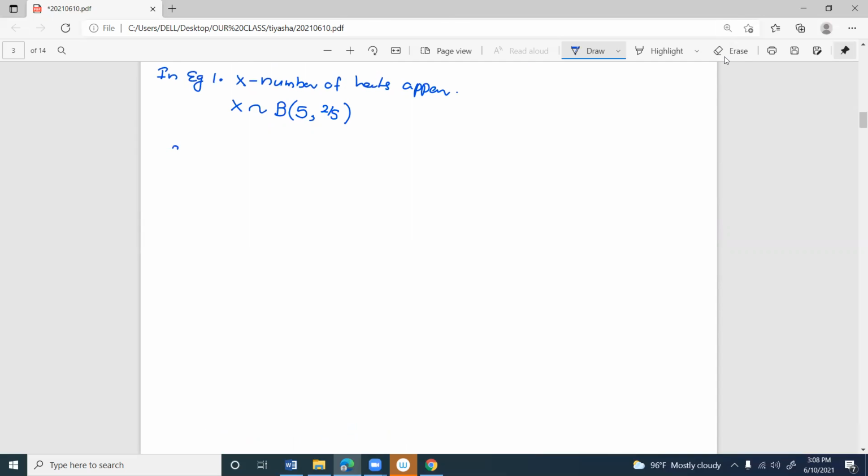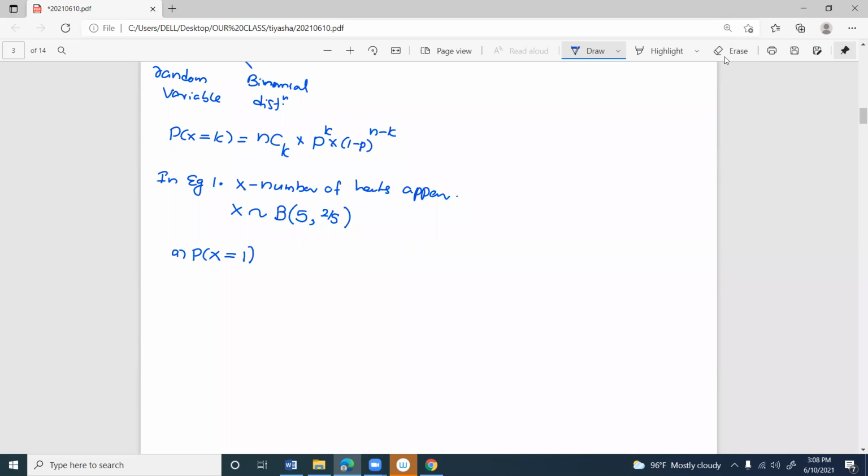In the first part, the question can ask: find the probability of only one head appearing in this experiment. Then this is the way of writing it: the probability that the number of heads equals 1. Let's go ahead with this formula. If X equals k, what is n? It's 5.